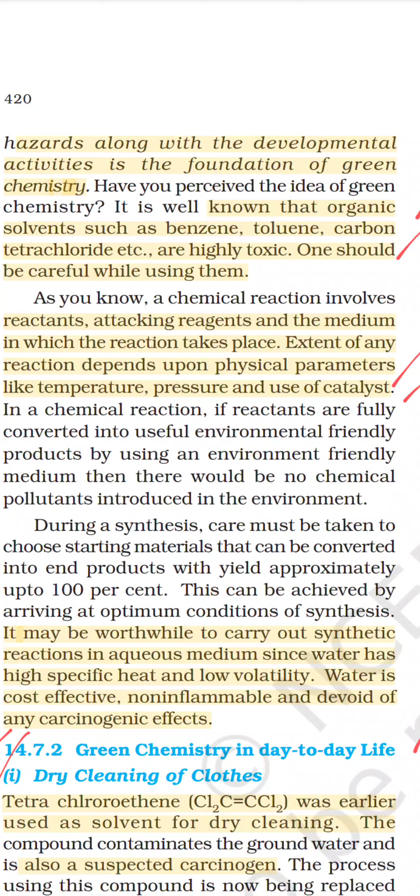It may be worthwhile to carry out synthetic reactions in aqueous medium since water has high specific heat and low volatility. Water is cost effective, non inflammable, and devoid of any carcinogenic effect.